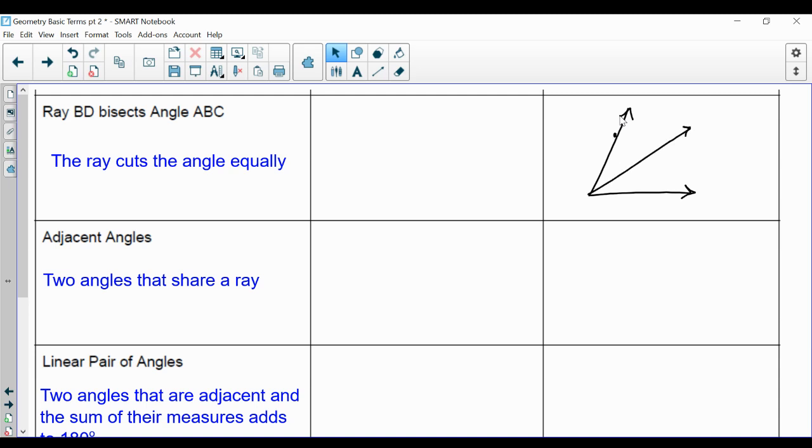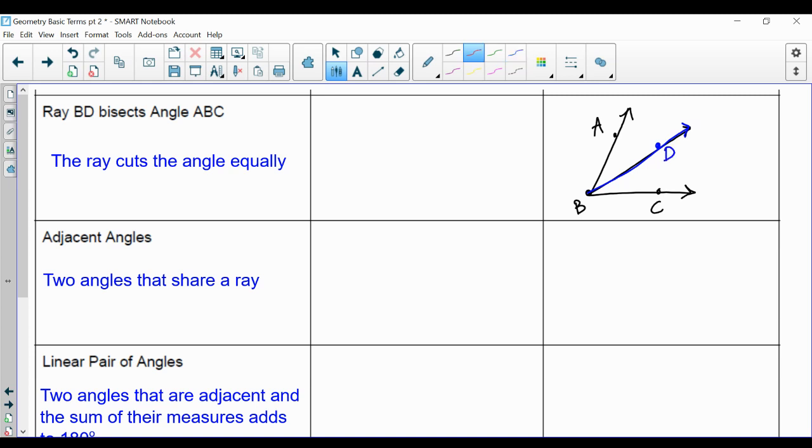Here's A, B is my vertex, and C here is my angle. And then the ray in the middle is cutting it equally. And this is D.